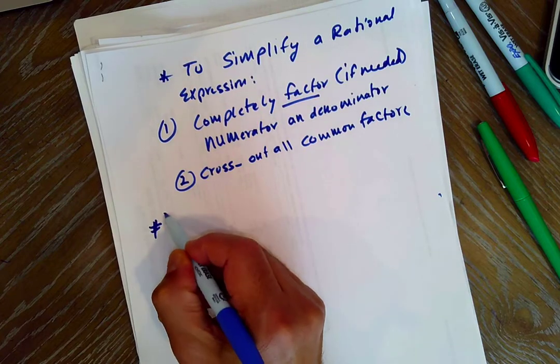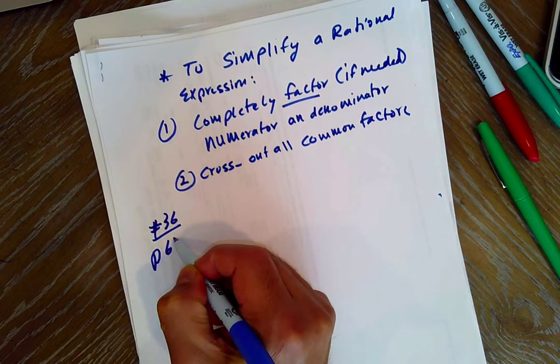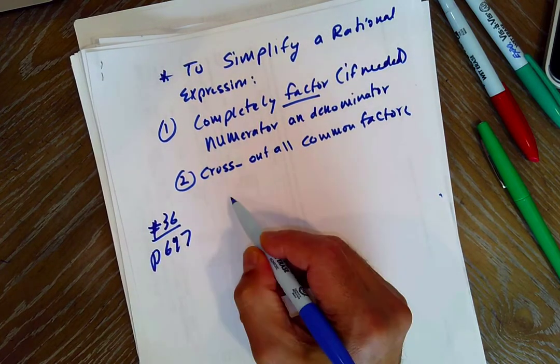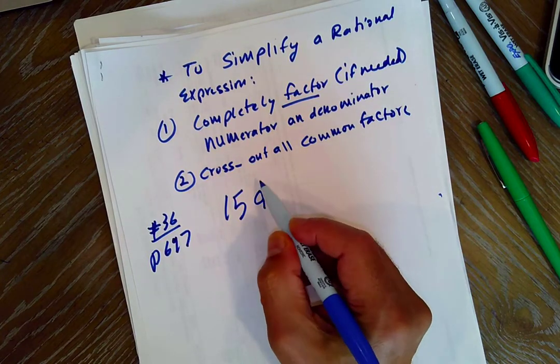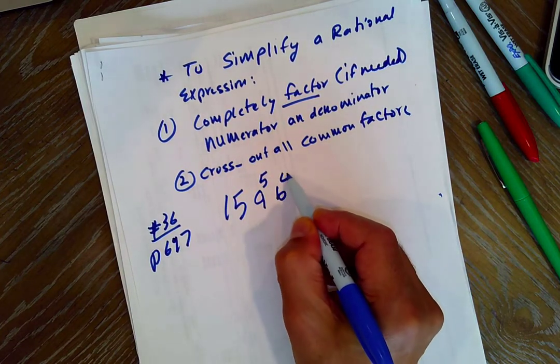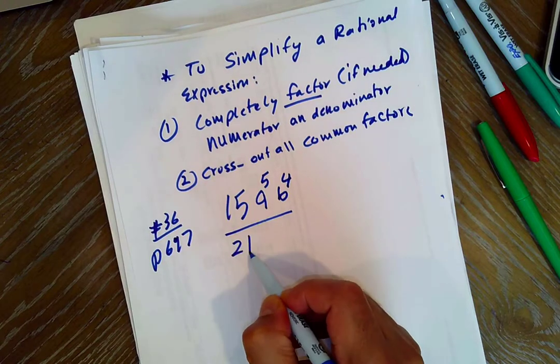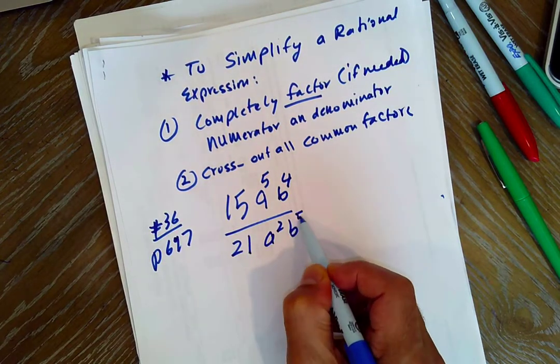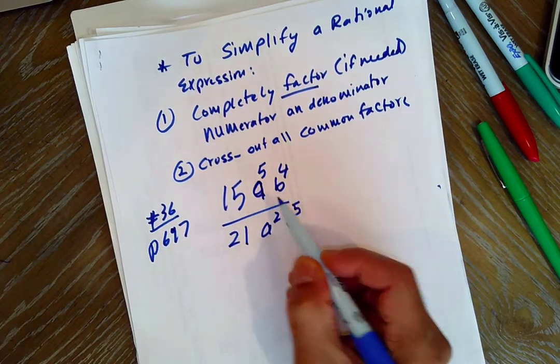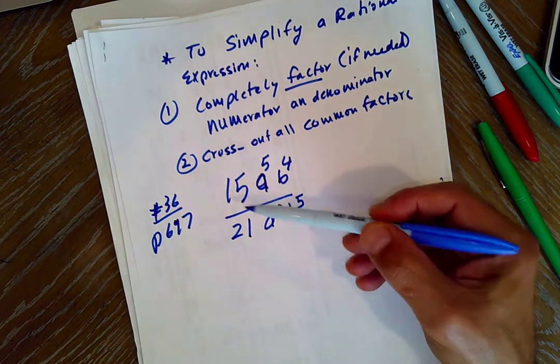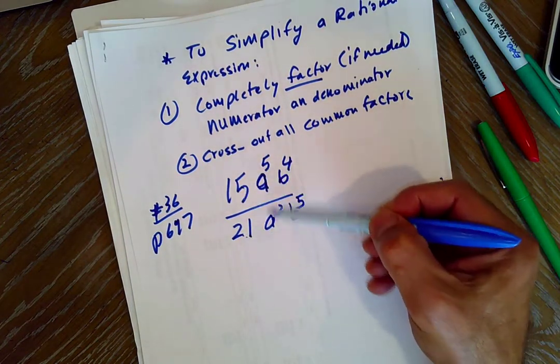So let's look at 36, page 697. How do we simplify 15a to the 5, b to the 4 over 21a to the 2, b to the 5? No factoring is needed because there's no pluses or minuses. So we reduce the numbers, we subtract the exponents.